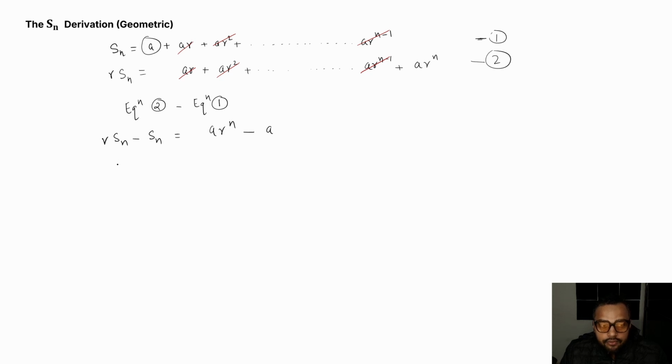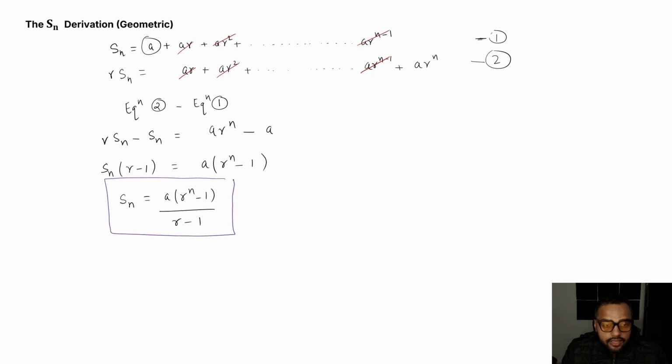Taking Sn common, we'll get (r minus 1) equals a common here, (r raised to the power n minus 1). So from here we can say Sn equals a(r^n minus 1) upon (r minus 1). This is the sum of n terms of a geometrical series when r is greater than 1.